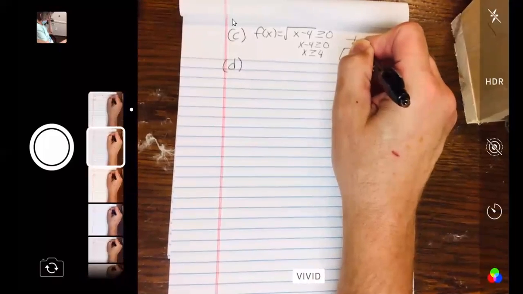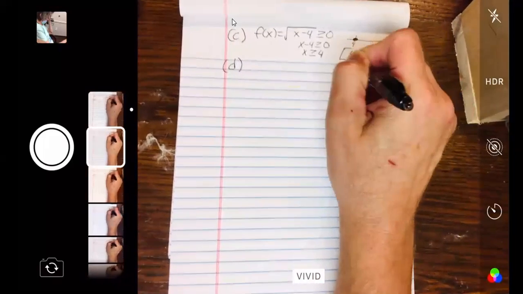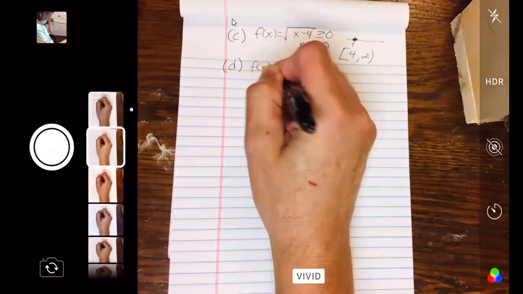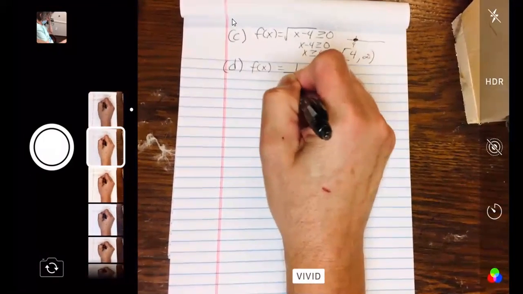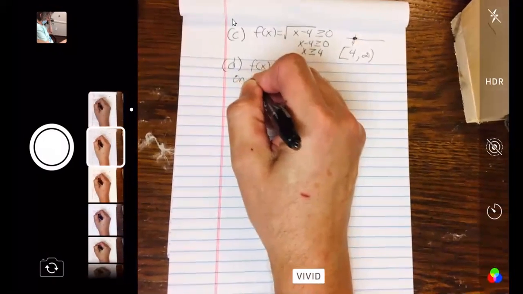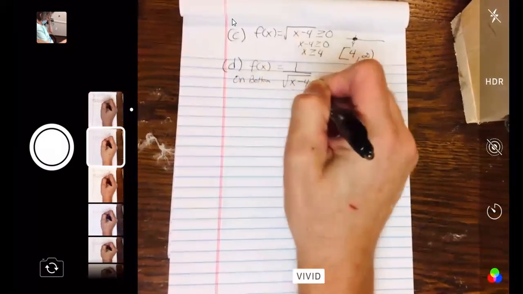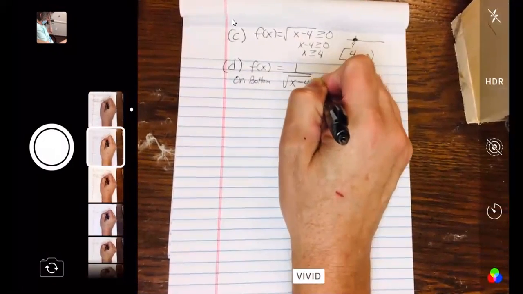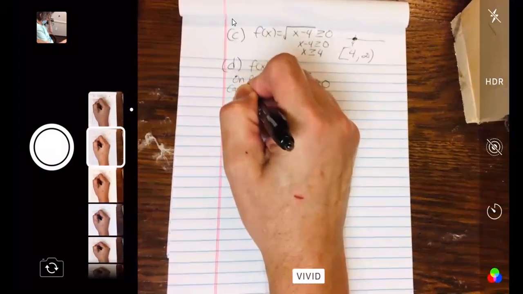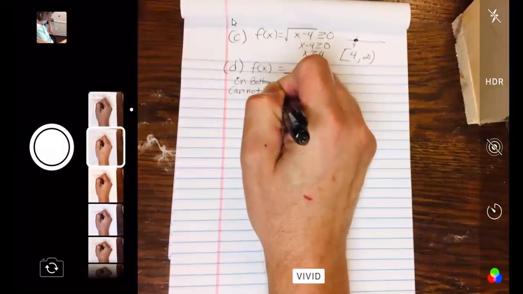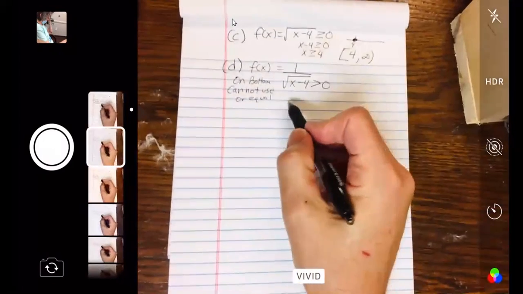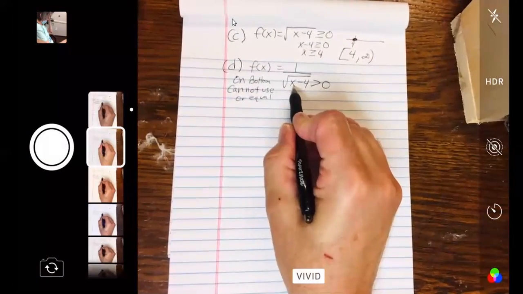On your graph at 4, you got a closed circle. You're allowed to use 4. But in D, I put it on the bottom: 1 over square root of x minus 4. With the square root on the bottom now, that changes it to a strict greater than. You cannot use or equal, because if you use or equal, that says you could use 4.